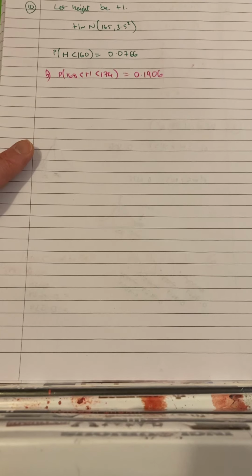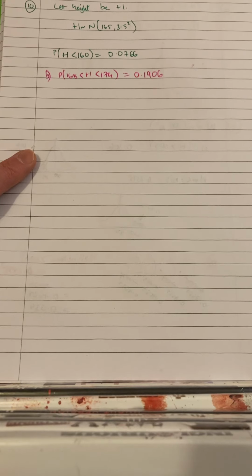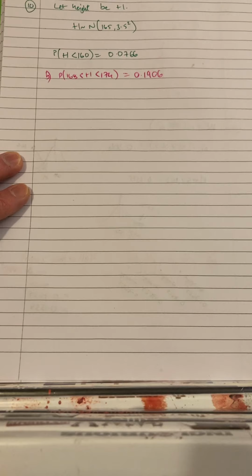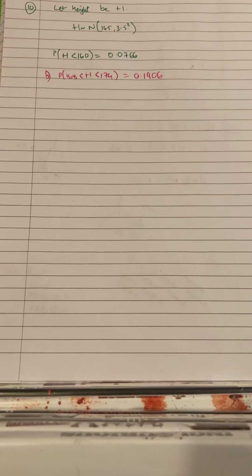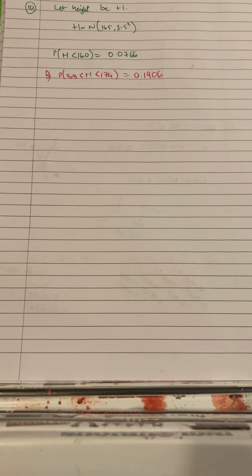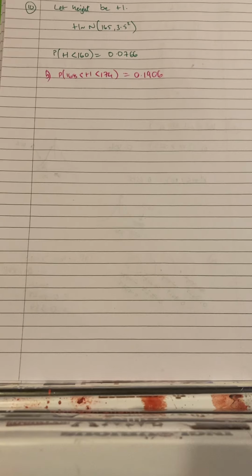They either meet Stephen's criteria or they don't, so there are two outcomes. Is there a fixed probability of success? Yes, 0.1906. Have we got a fixed number of trials? Yes, 20.